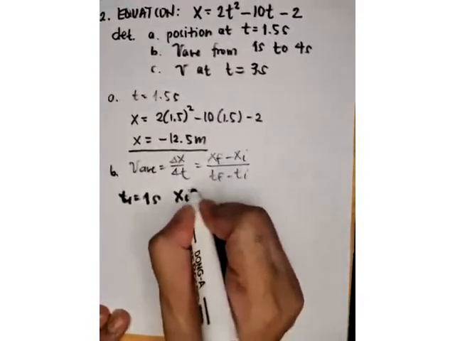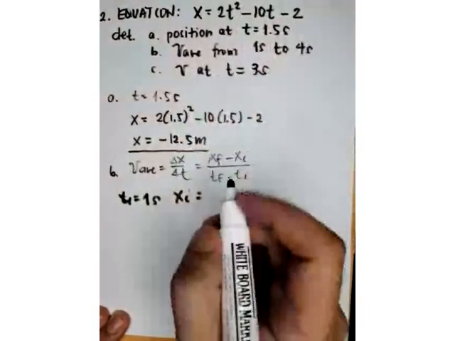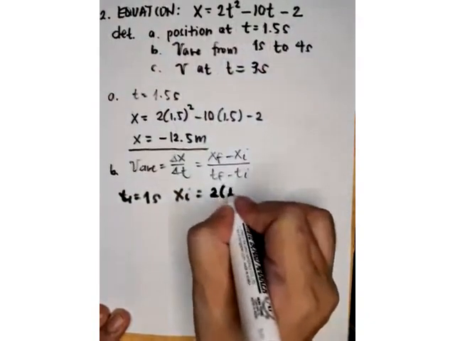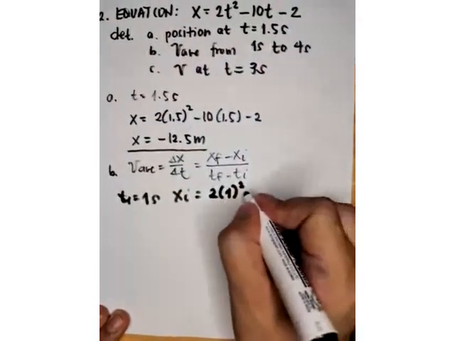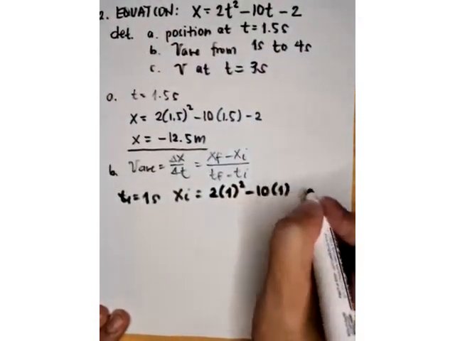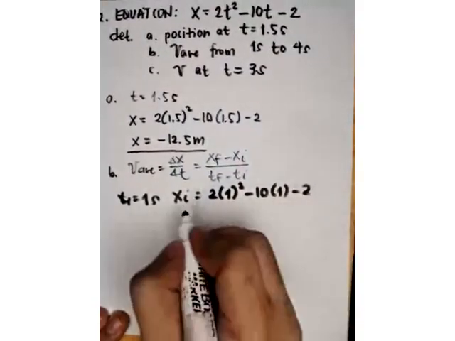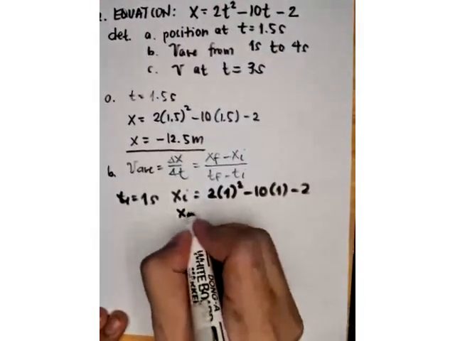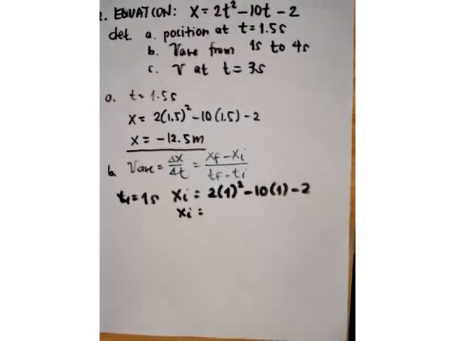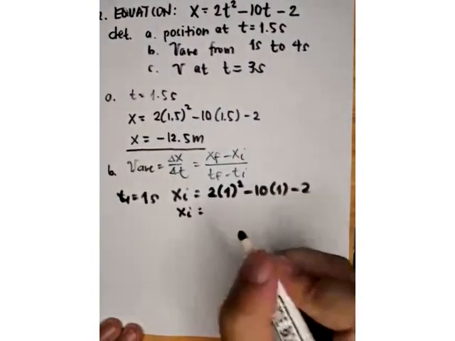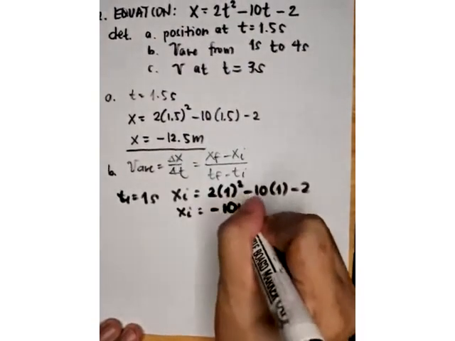So what's X initial? So substitute lang natin sila dito. So that will be 2 times 1 squared minus 10 times 1 minus 2. So X initial is negative 10. Tama ba? Negative 10 meters.